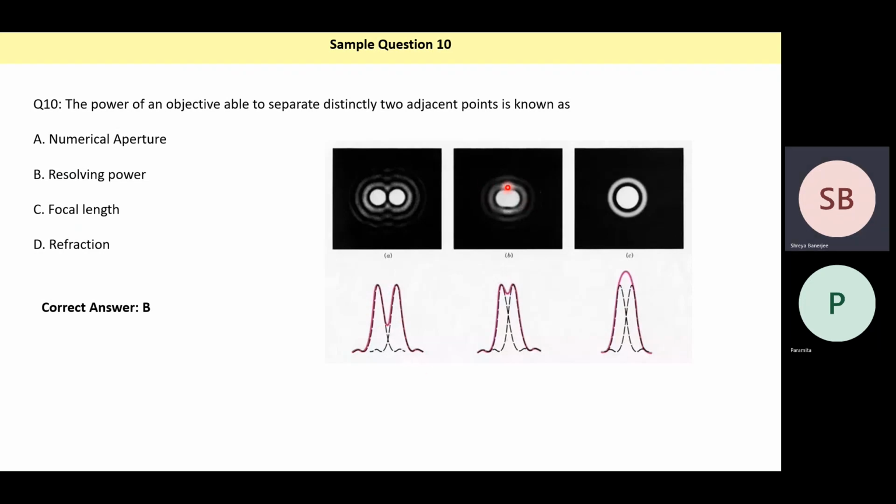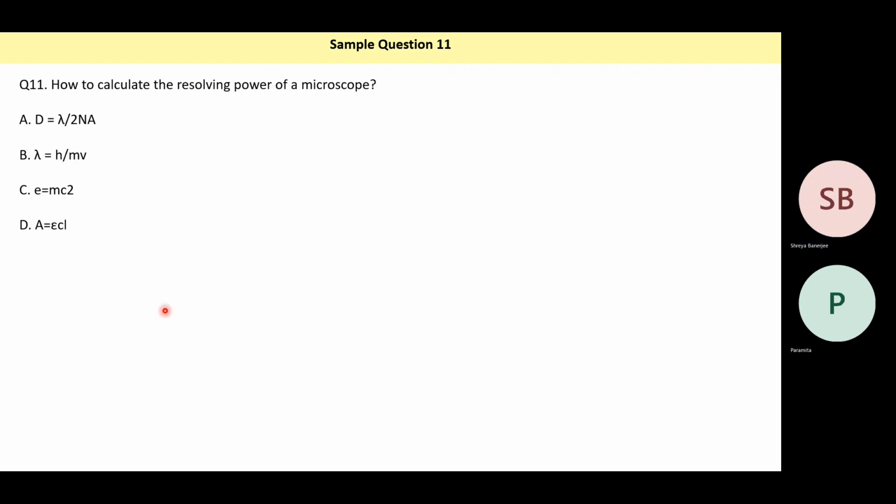Here the resolution is poor, the two spots are merging, and here it is completely unresolved because it appears as a single spot. So this power of the instrument to distinguish between these two adjacent objects is called the resolving power. So the correct answer is B.